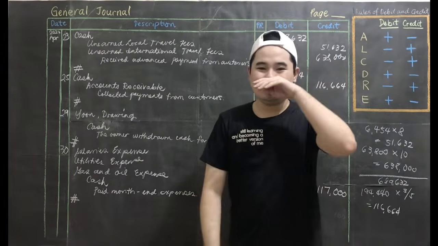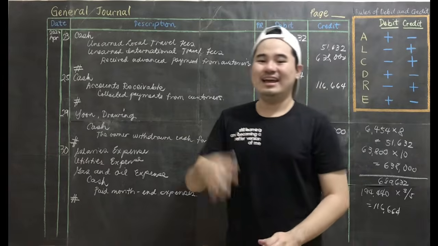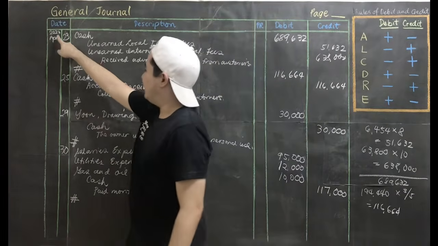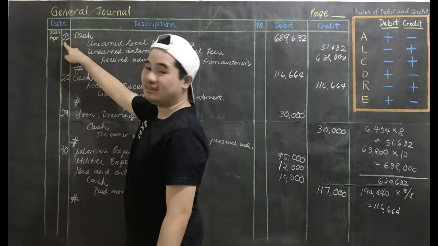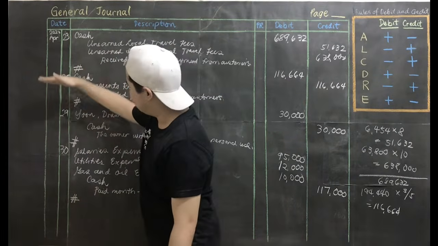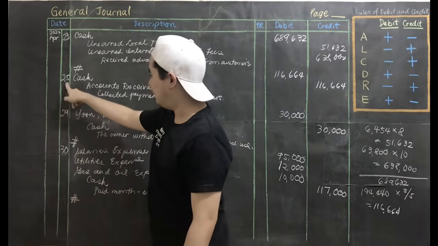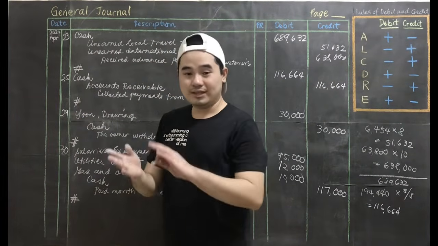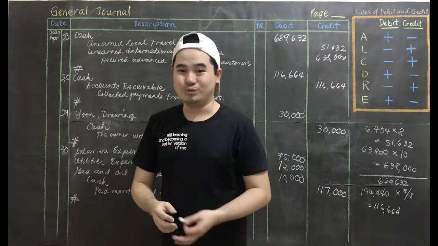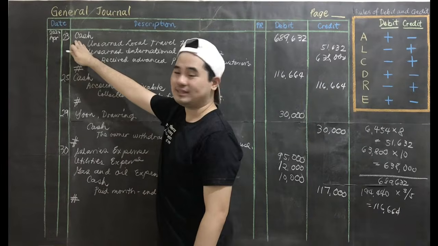Okay, so what are the key points that we need to understand in journalizing? Again, remember, write the year, the month, and the date. Hindi nyo kailangang isulat paulit-ulit ang month. Yung date lang mismo, unless mag-change ka na ng month, kailangan mo na isulat yung month. Okay? And then, account to be debited.